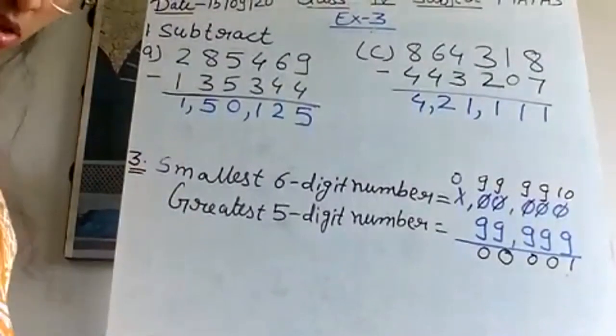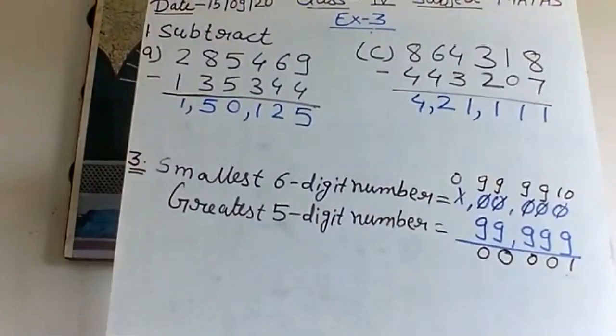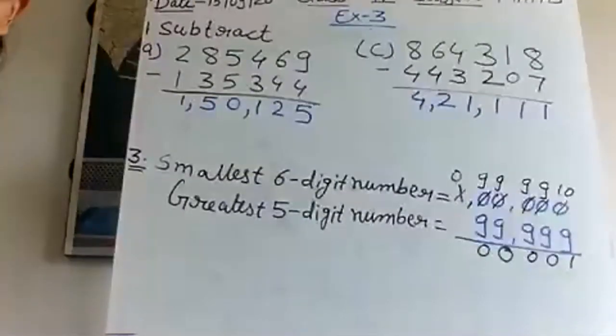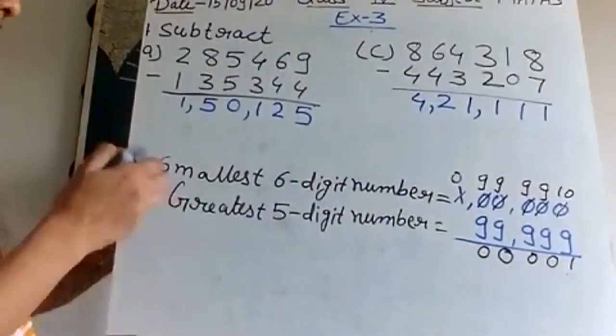Question D is your homework. I am explaining E. So from exercise 3, B, D and F are your homework. Question number 1 of exercise 3, B, D and F are your homework.